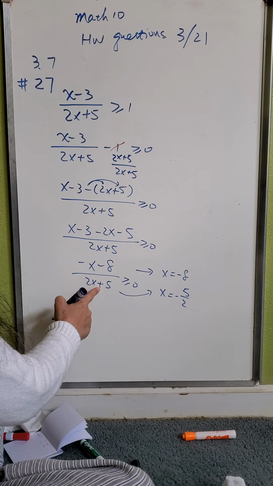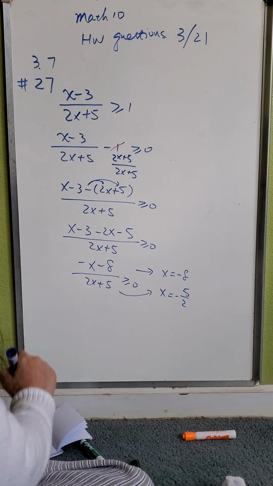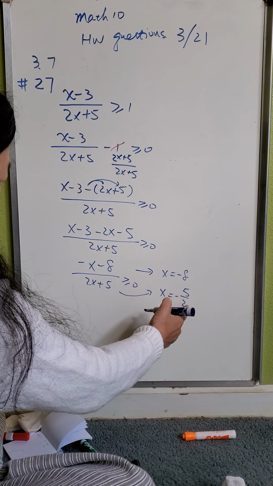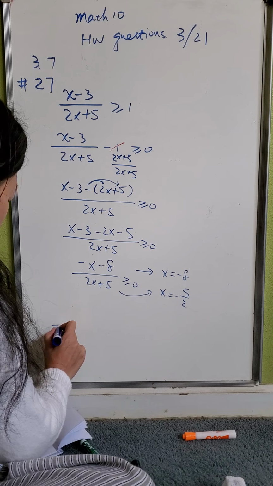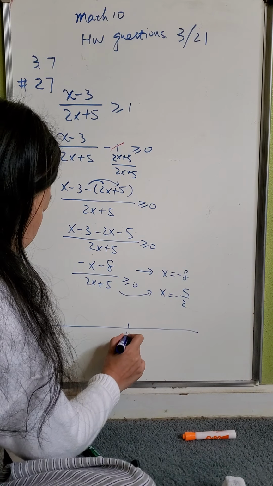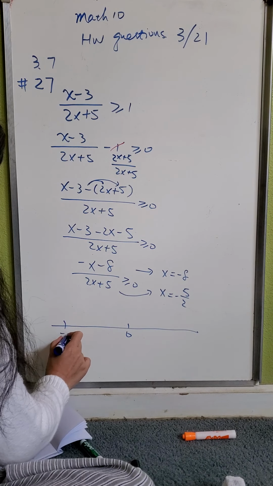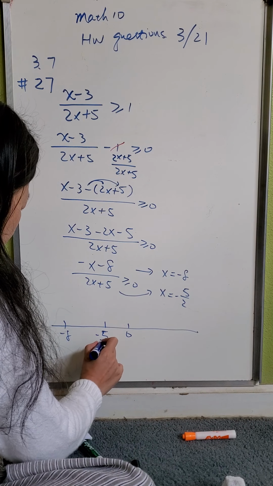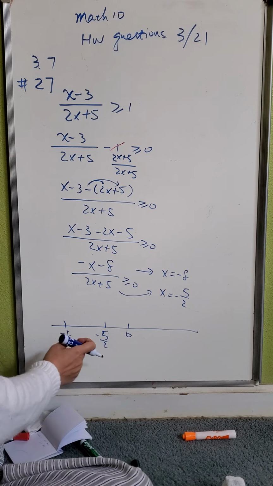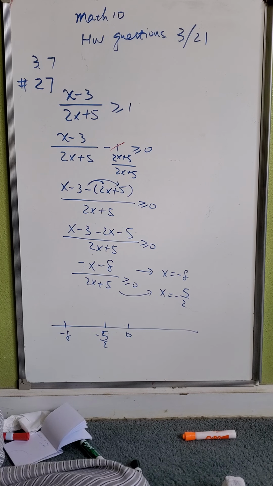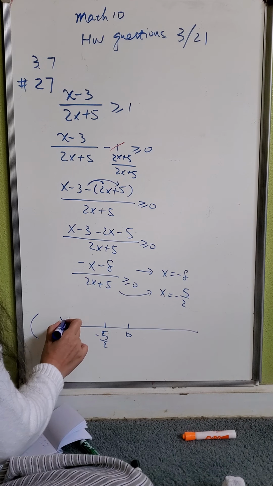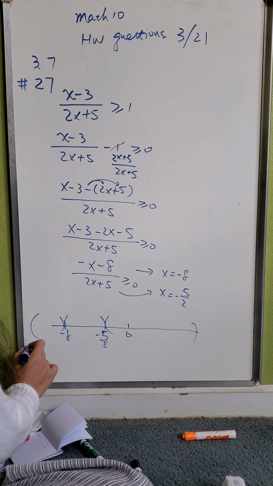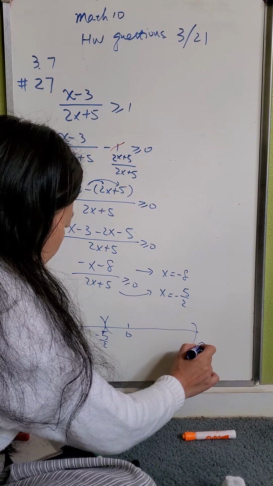So here are the 2 points on the line: negative 8 and negative 5 over 2, which is basically negative 2.5, so it's bigger than that. Now your answer becomes from these places. This is negative infinity and positive infinity.